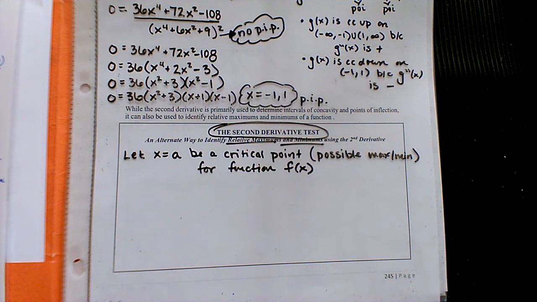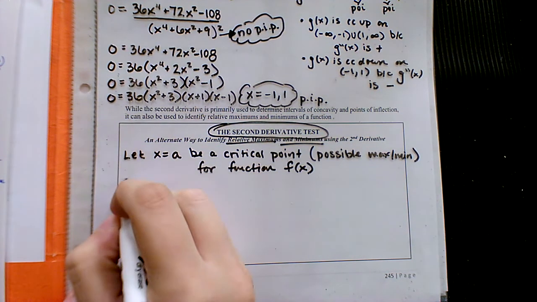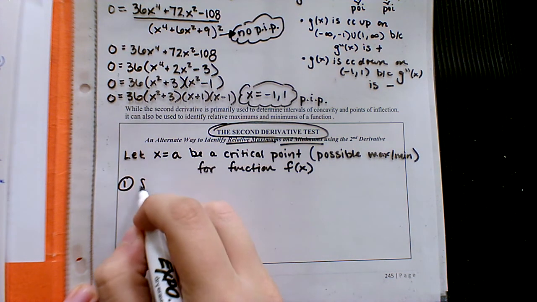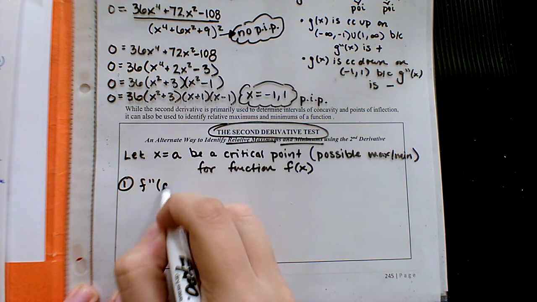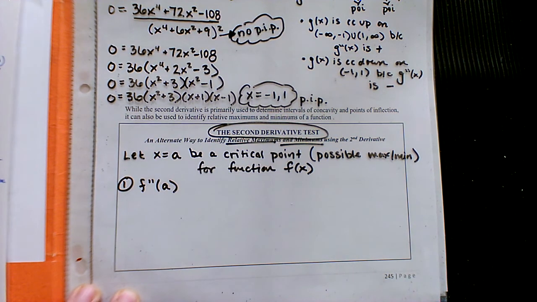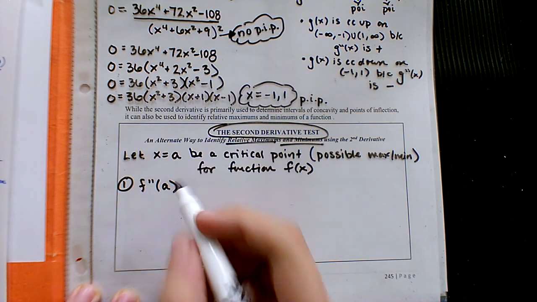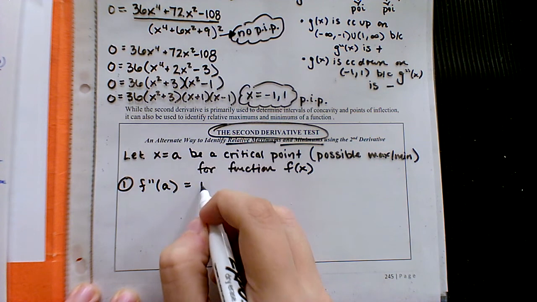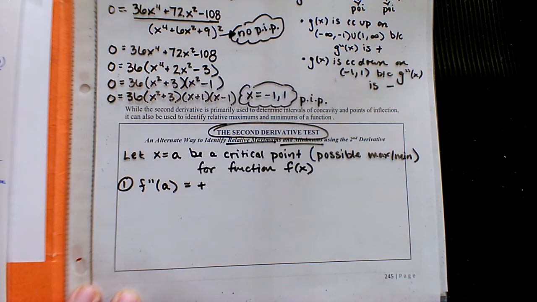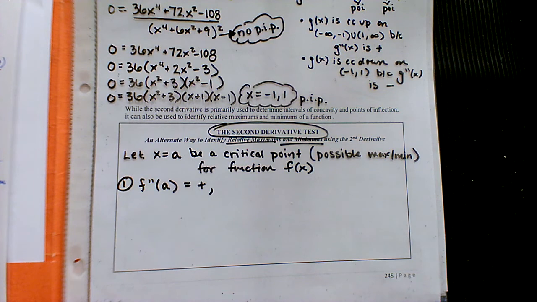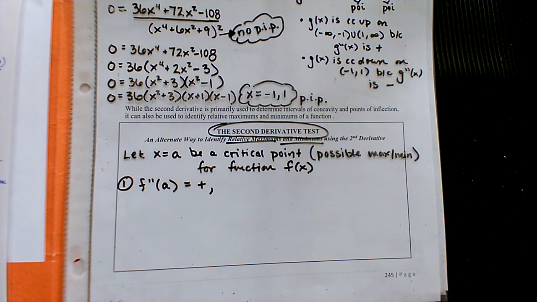Okay, we're going to assume that. Let me ask you this. If we were to plug in the critical point into the second derivative and our answer is positive, can we infer if this critical point is a max or a min?